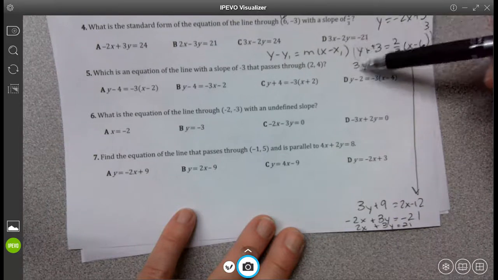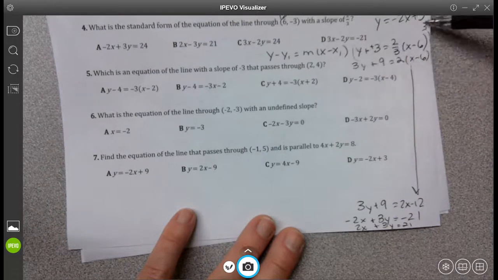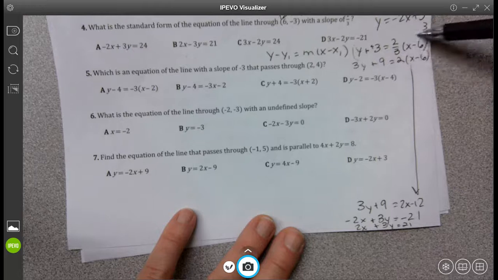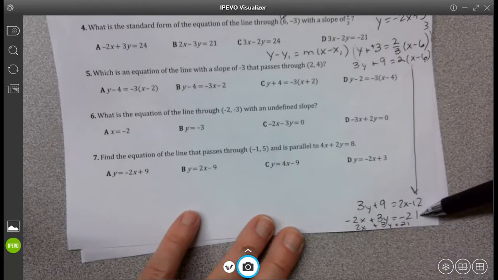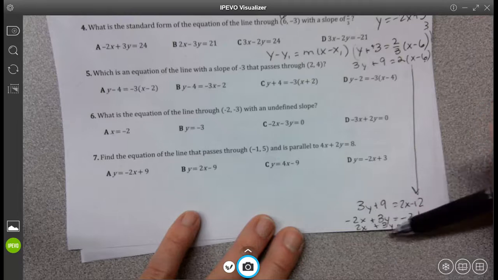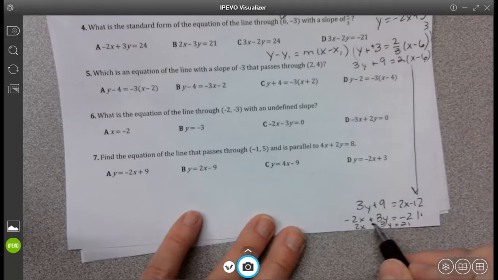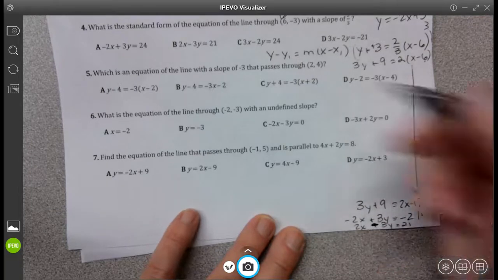If I multiply by 3, 3y, 9, those cancel, 2x minus 12 minus 9, bring that over. Oh, 2x minus 3y equals 21. It's B.